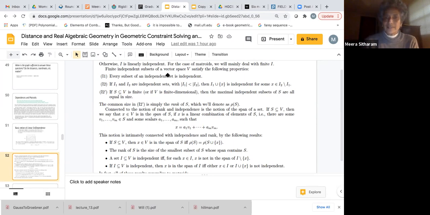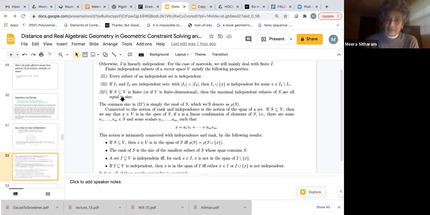One thing we can see in the case of vector spaces is that every subset of an independent set is independent. If two independent sets are given to you and one of them is strictly smaller than the other, then for some element of the larger set, you should be able to take it and add it to the smaller set I1 to get a larger independent set.